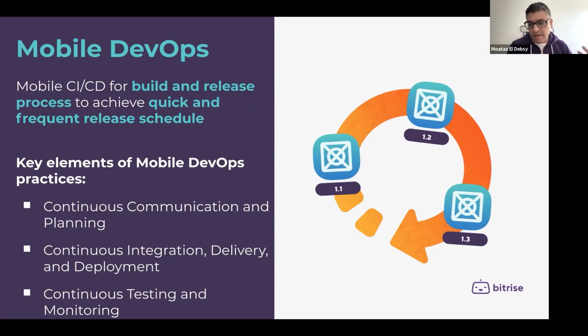How can we use the release manager? How can we write test automation scripts and so on? Then continuous integration, delivery, and deployment, and how we can implement this in our team, and then continuous testing and continuous monitoring. So here we have 6 continuous keywords. These are the key elements of mobile DevOps practices.